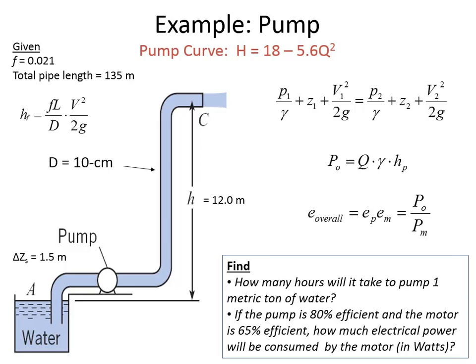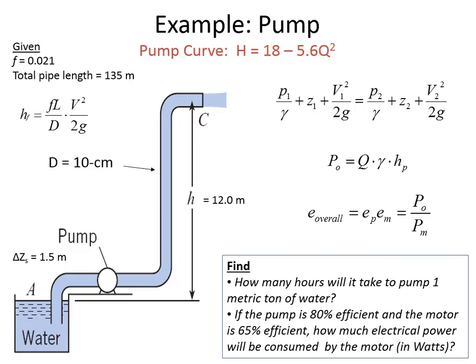Okay, so if we multiply that by 1,000, that's approximately 15.5 liters per second, which is the flow rate there. So it's asking how many hours will it take to pump a metric ton? And a metric ton is 1,000 liters.